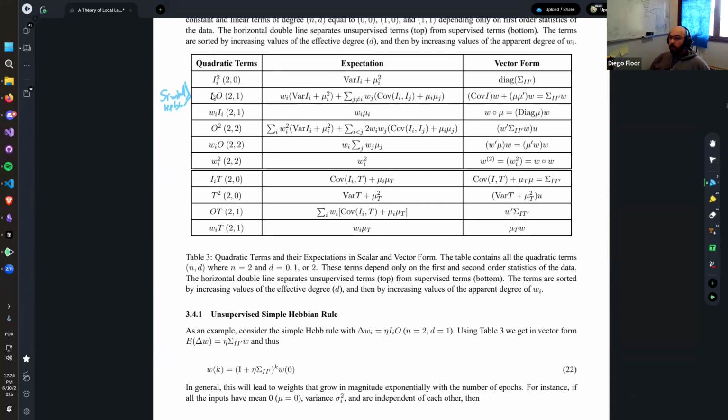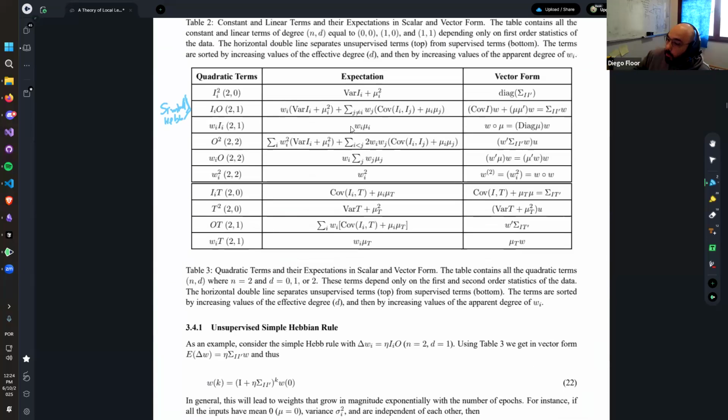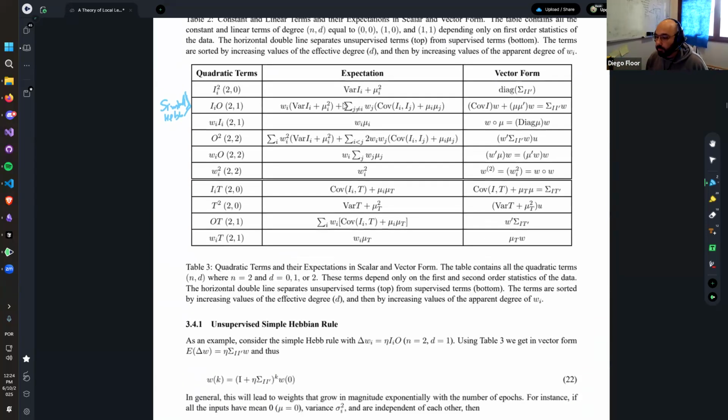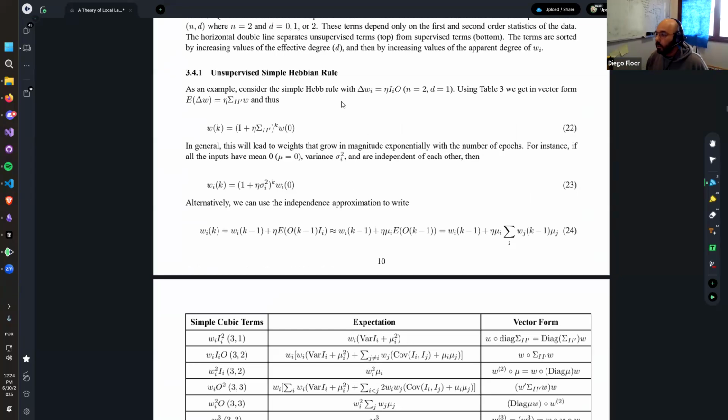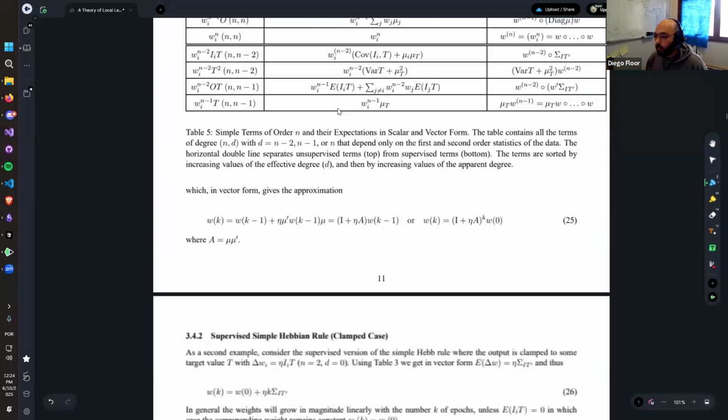But there are terms like this one, simple hidden, right? So that means that we can actually do statistics analytically. That's the whole thing they're trying to do. So here are more tables.